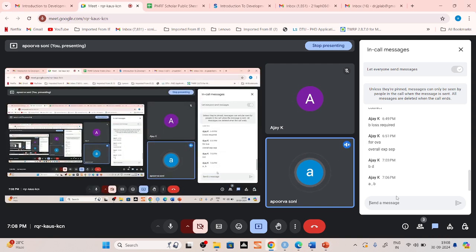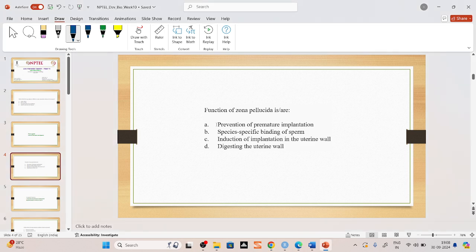Yeah. So A and B you have written. Function of zona pellucida is prevention of premature implantation, yes, and species specific binding of the sperm, yes. This is actually very important, that this zona pellucida ensures that sperms from the same species can bind and fertilize the egg.